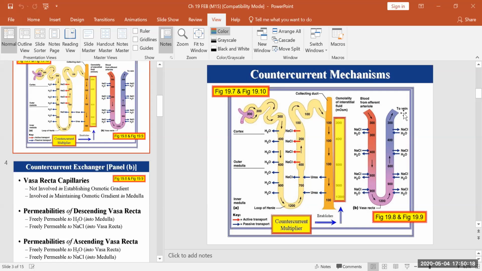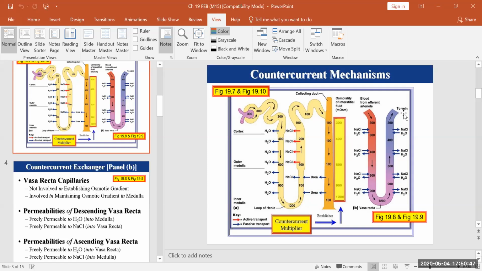If you pay attention to the arrows, the black arrow on the descending limb of the loop of Henle is going down, but the blue blood vessel next to it, the ascending limb of the vasa recta, has blood going up. So even the interaction between the loop of Henle and the vasa recta has opposite flow.